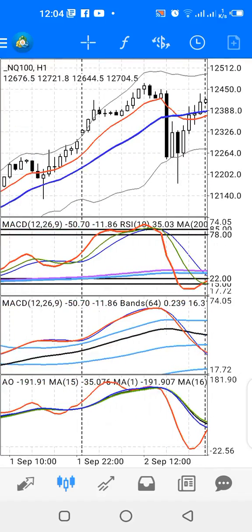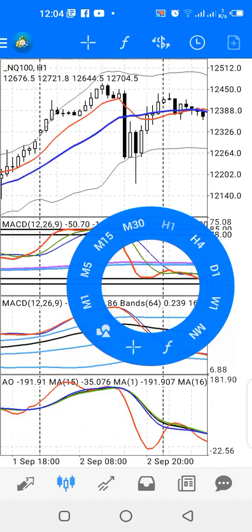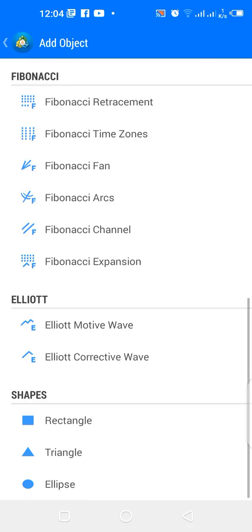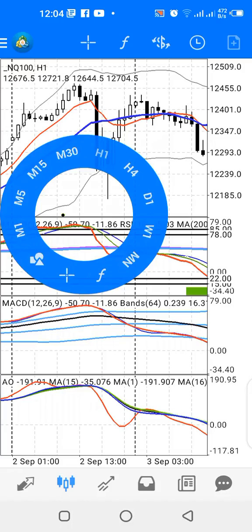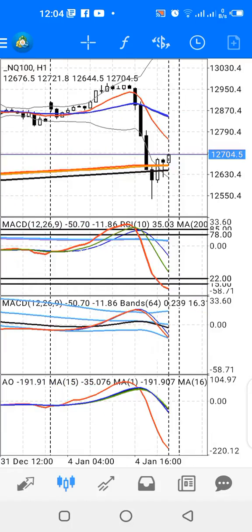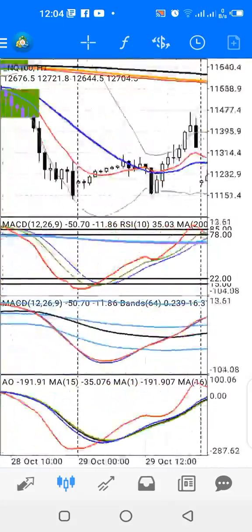you look for turning points where you have the turning of the moving averages, like you have around here. Let me delete this. Okay, let me leave that.